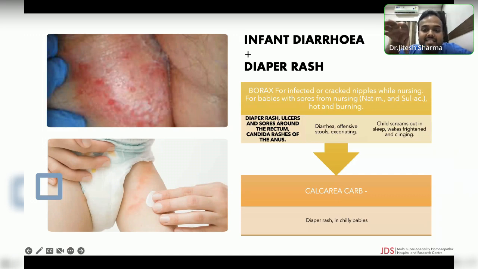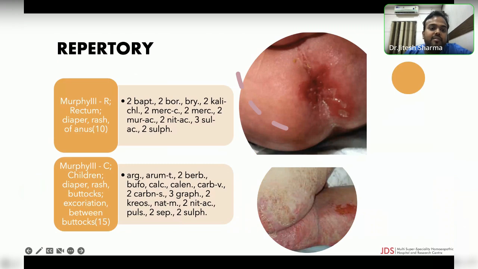Next, diaper rash in chilly babies. You can think of Calcarea carb. In the repertory, under diaper rash of anus, there are more than 10 remedies: Baptisia, Borax, Bryonia, Kali chlor, Merc cor, Merc sol, Muriatic acid, Nitric acid, Sulfuric acid, and Sulphur.